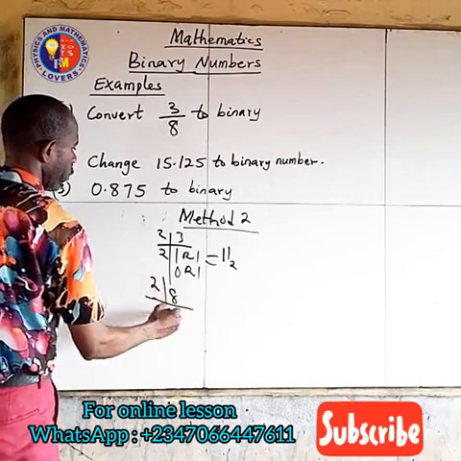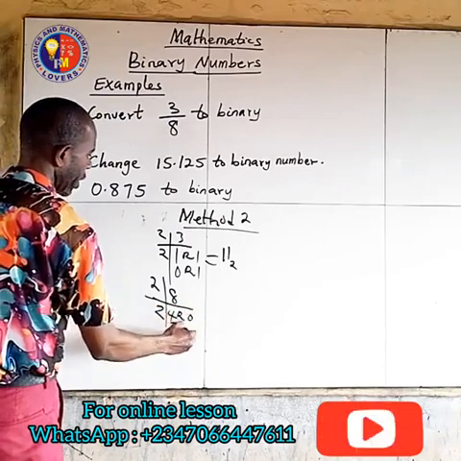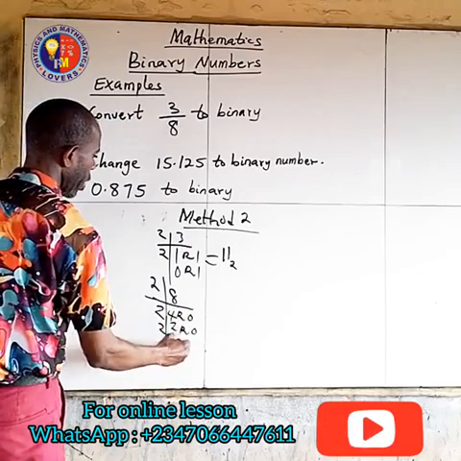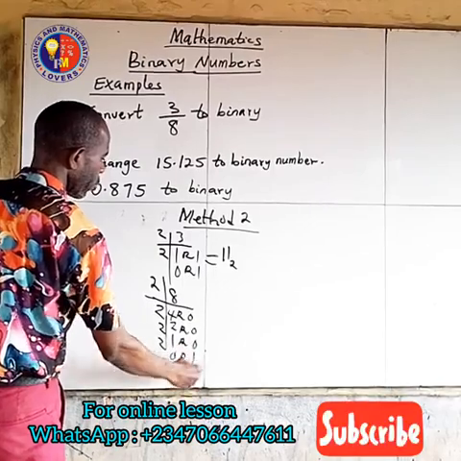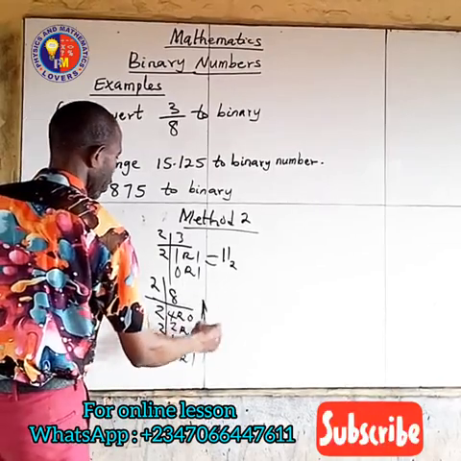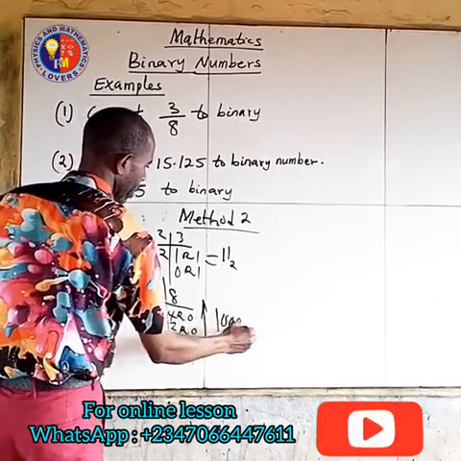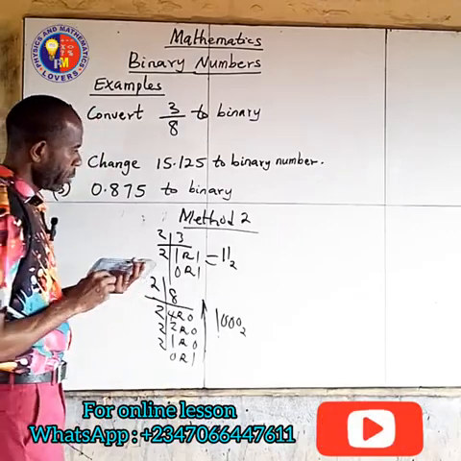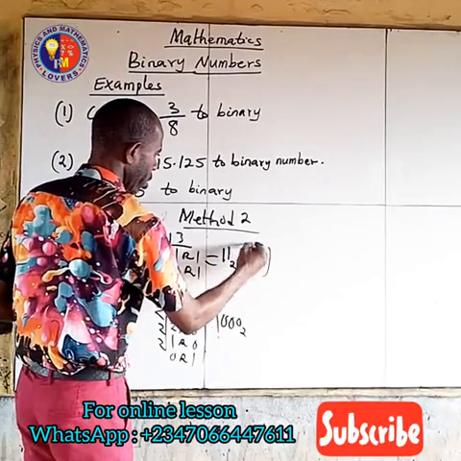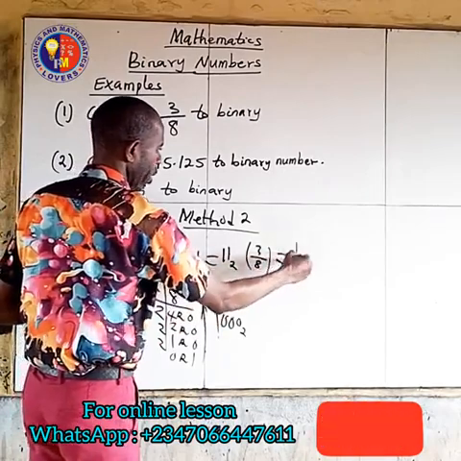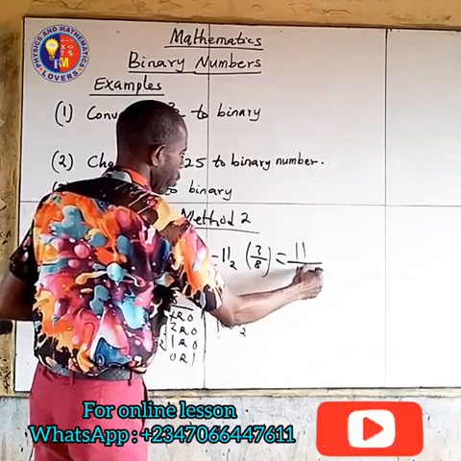We have 4, remainder 0; 2, remainder 0; 1, remainder 0; 0, remainder 1. So my answer is 1000 base 2. Finally, 3/8 becomes 11 over 1000.